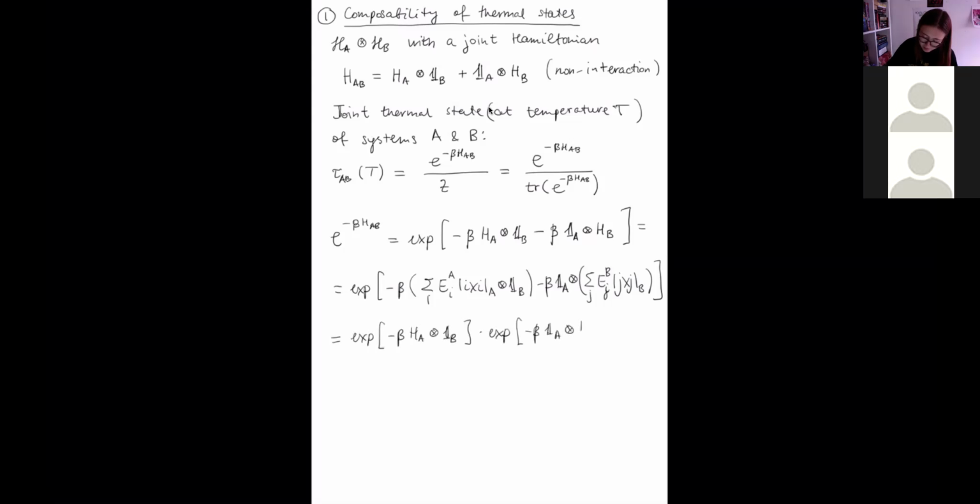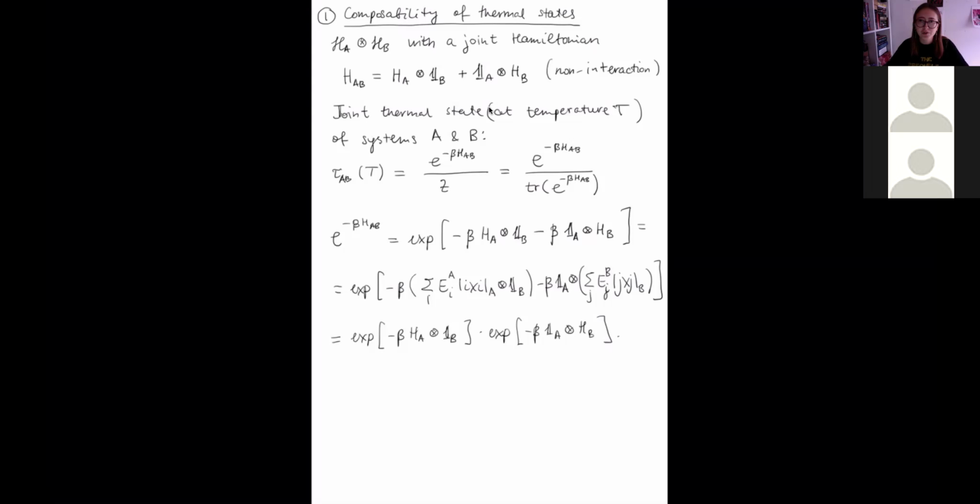As a comment, it is crucial to remember that it's not always the case that you can conclude, oh, I have the exponential of some matrix A plus matrix B, so I can do the same as in the case of real numbers and say this is just equal to the exponential of A times the exponential of B. For matrices, this is not always true.